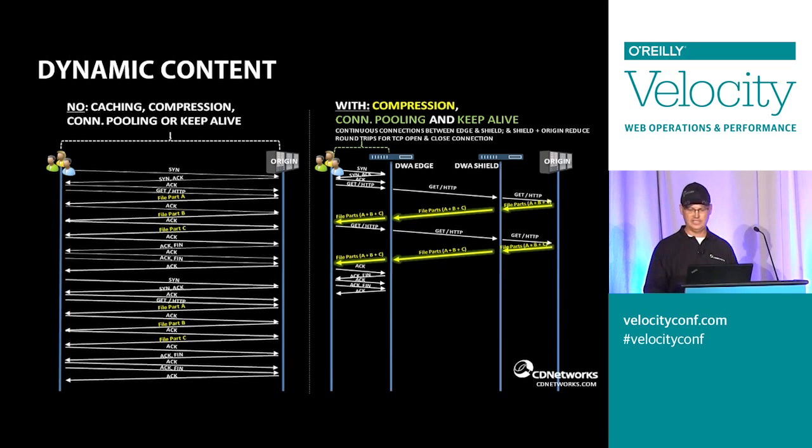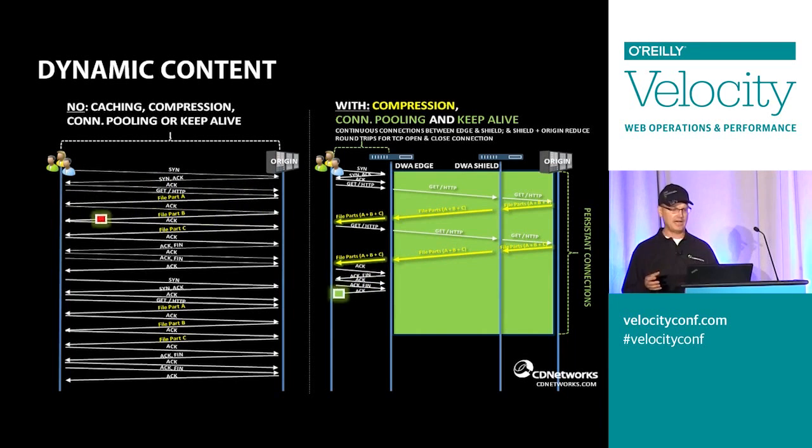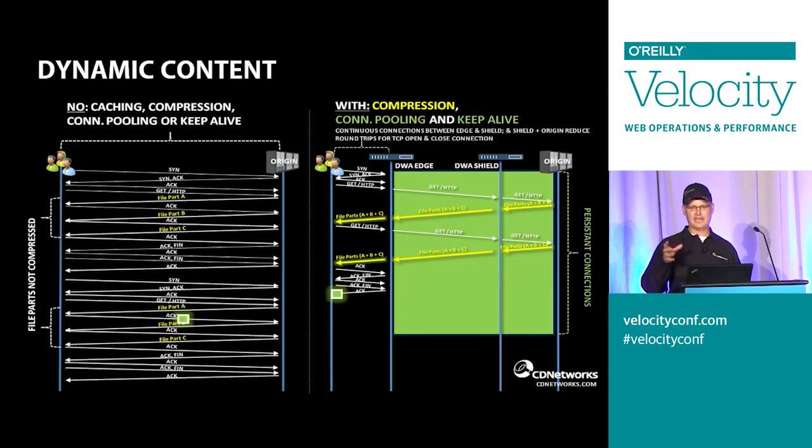So for example, I talked about a first mile, a middle mile and a last mile. CDNs can do connection pooling and keep-alive, where they keep a connection open going from the end user to the CDN, we call it the edge POP, if you will, to the CDN shield POP, to the customer's origin.